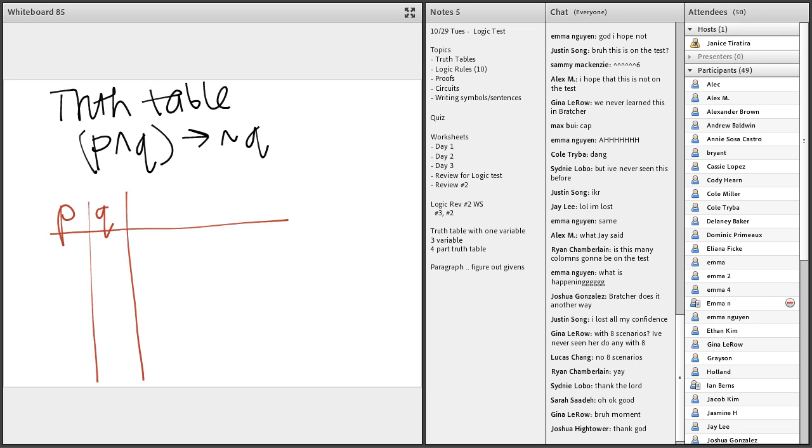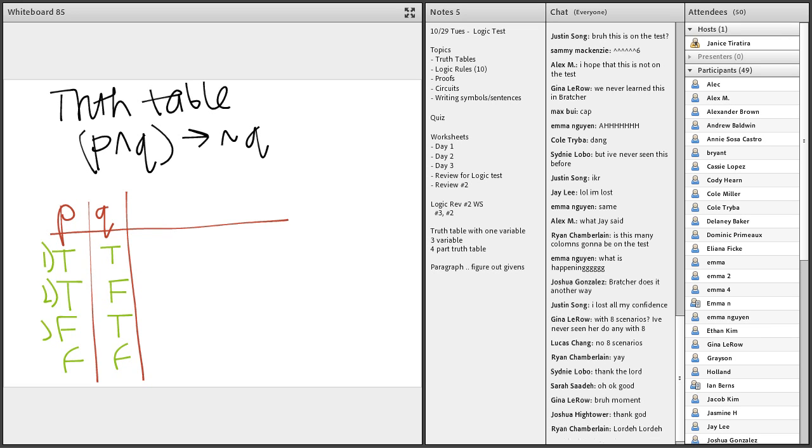So you build your basics, and I asked my class to have your 4 scenarios written in this format: true, true, false, false, and then the next column you alternate: true, false, true, false. So again, you have 4 scenarios.